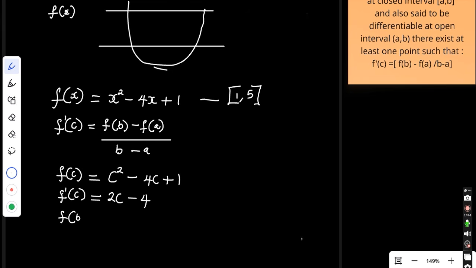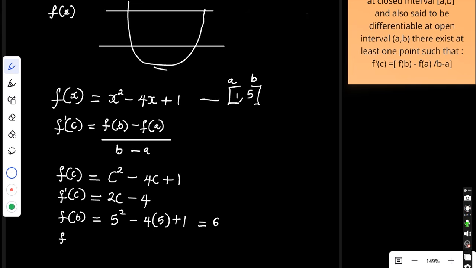Here a is 1 and b is 5. So f of b, wherever we see x, we replace it with 5. So f of b will be equal to 5 squared minus 4 into 5 plus 1, and this is going to give us 25 minus 20 plus 1, and this is going to give us 6.